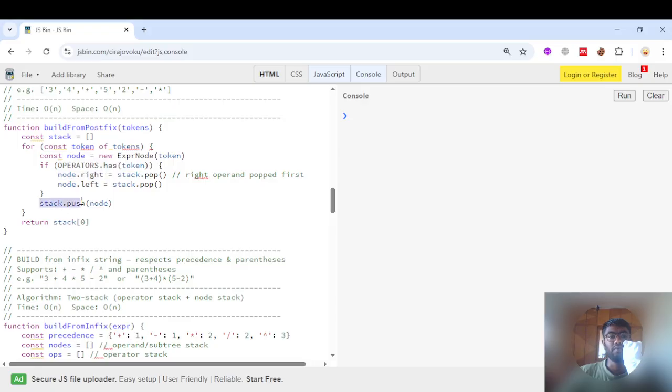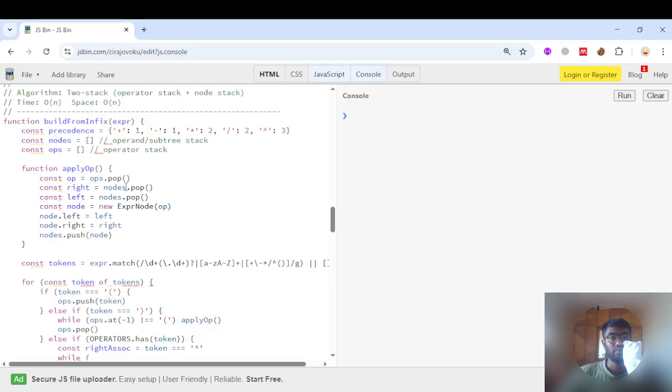And if it's not an operator, we consider it an operand or a number, and we push them to the stack until we find an operator, right? So this is the way that we build a binary tree expression with a postfix string, right?